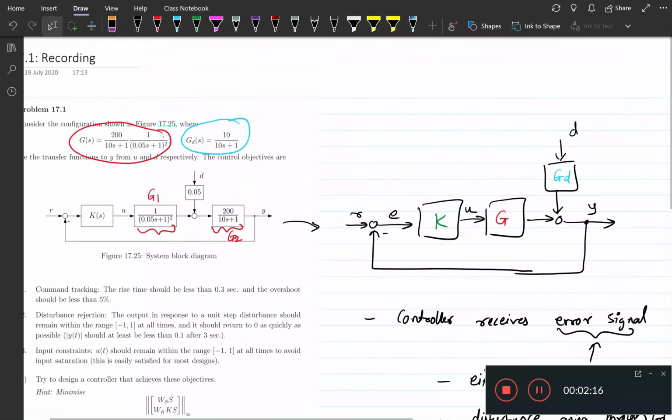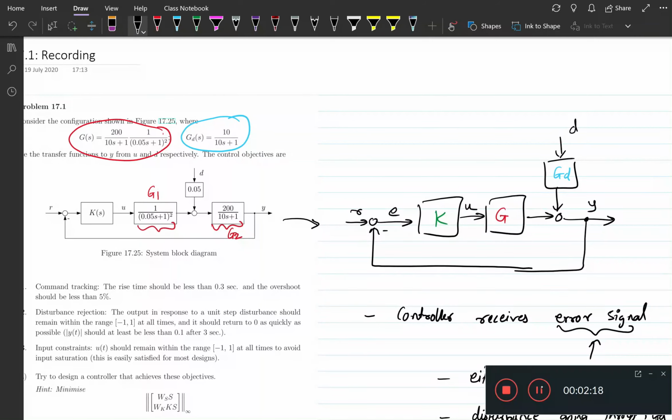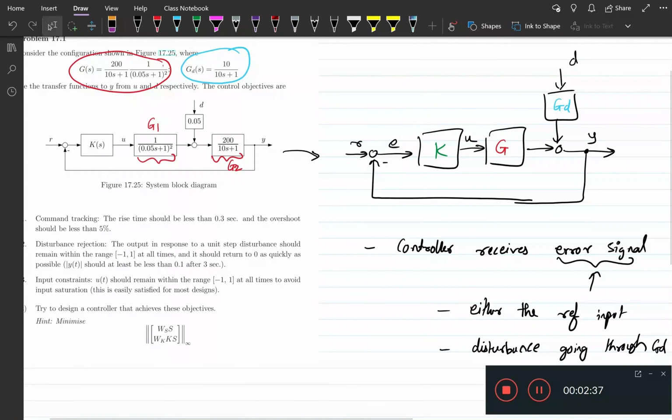So it is important to note that the controller does not receive the reference signal separately or the disturbance signal separately. So all it has is the error, and it has to recognize whether this error is from the reference or from the disturbance, and this will be important later. So this is the structure.